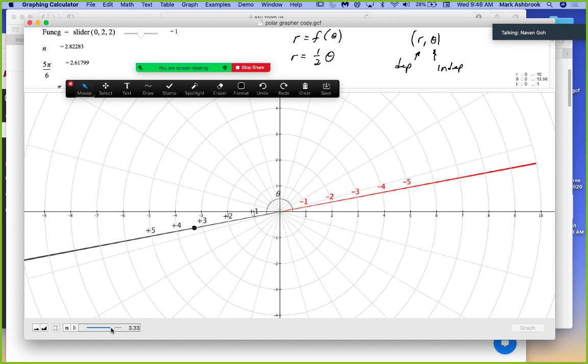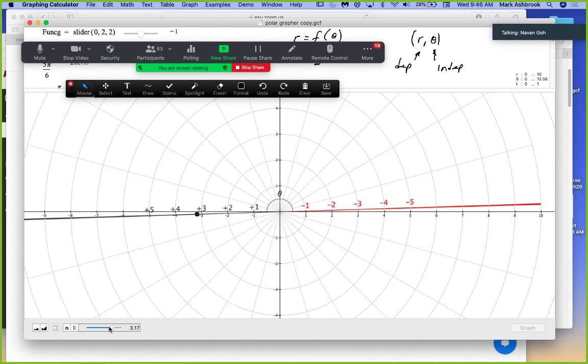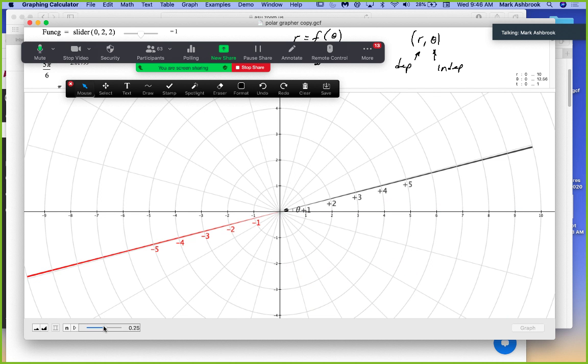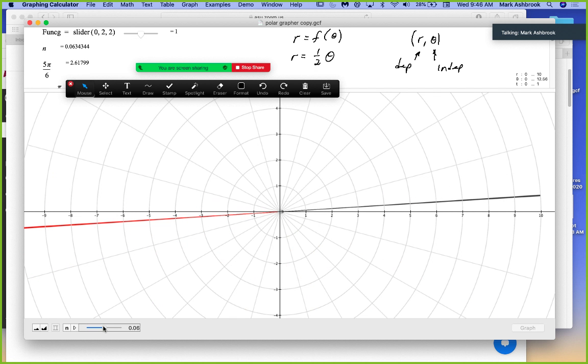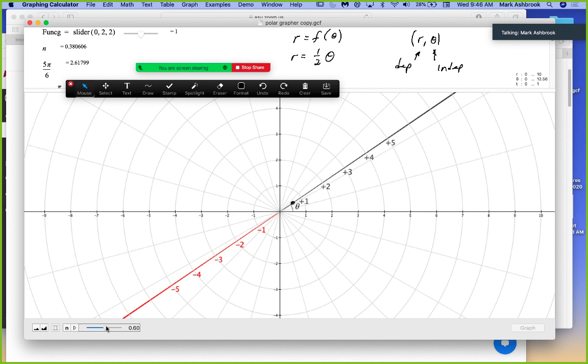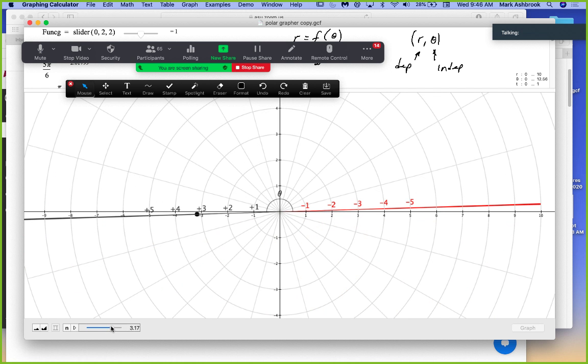See that? We're getting farther away from the pole as we turn counterclockwise. One more time, it's really important to see. This is totally different graphing than y as a function of x, so we've got to get used to it. As we turn counterclockwise, r constantly increases. Does everyone see it? Does it make sense?